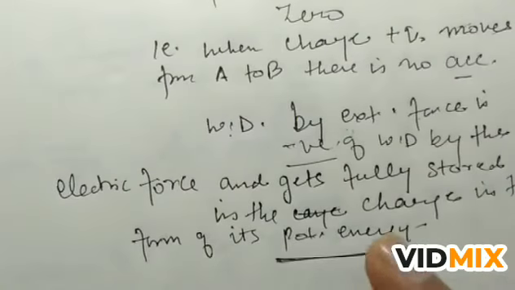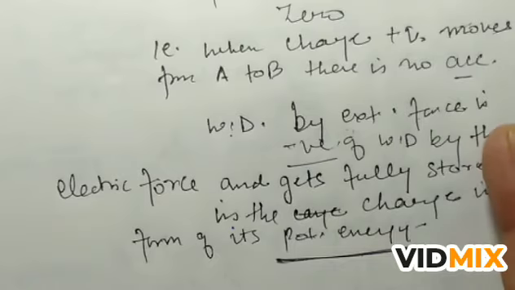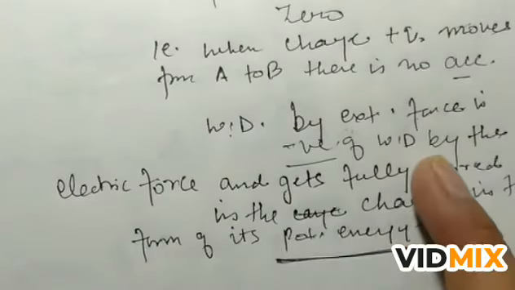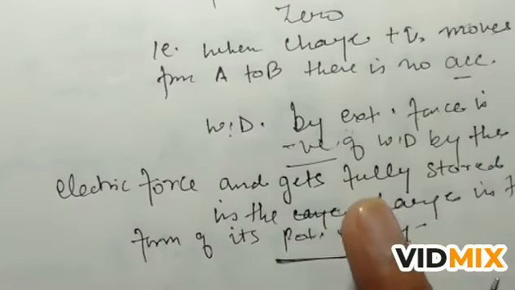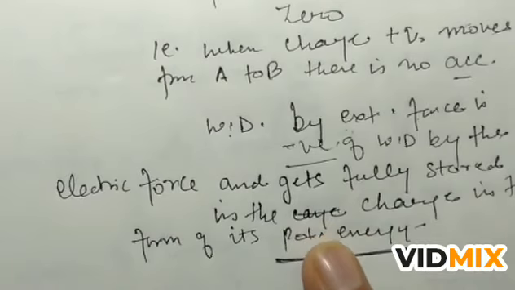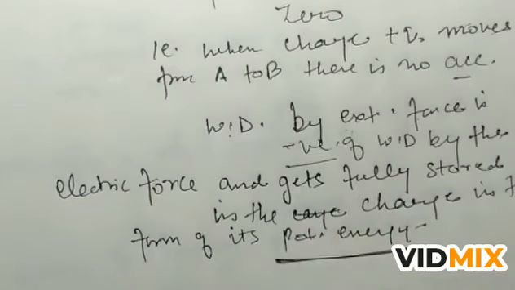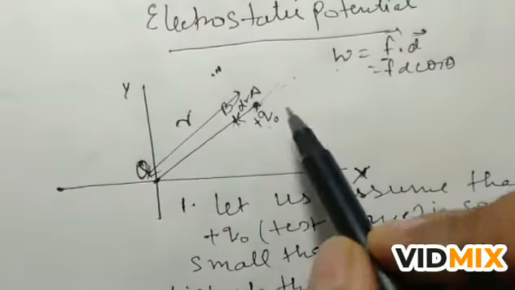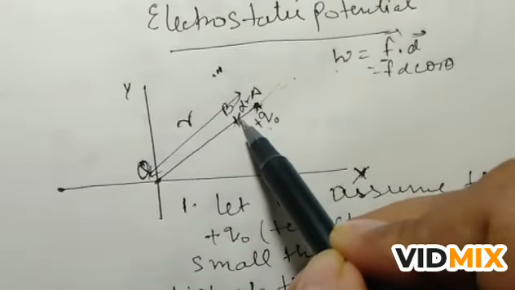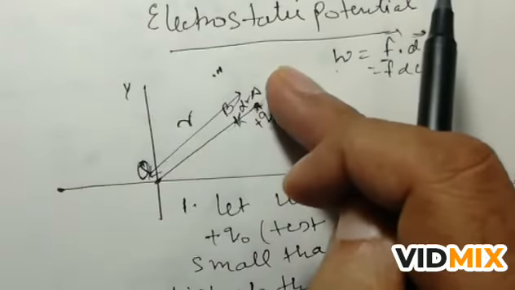So whatever work is done to bring the charge from point A to point B inside the electric field against the repulsive force of the charge, that work is stored in the form of potential energy in the charge. When the charge is brought from point A to point B in the electric field of this charge, some external force is required.